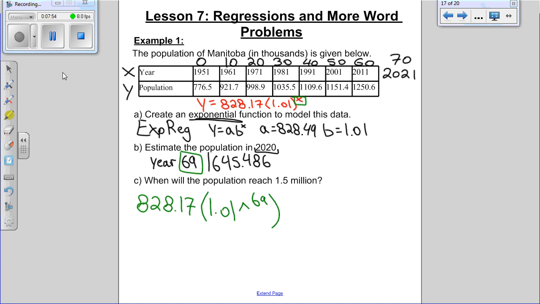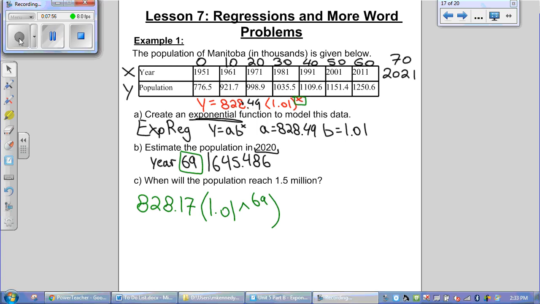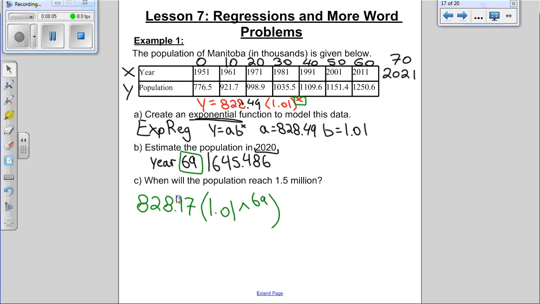My answer was slightly wrong because I never fixed my formula after I fixed my 0.17 to 0.49. So it is going to be slightly different. This should be 0.49. Okay. So if we do it with that number, it was 1646.